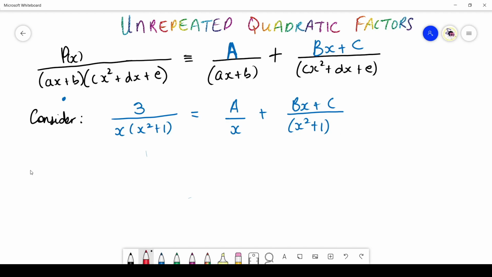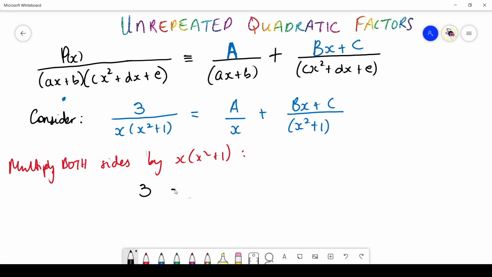And remember step 1, you want to multiply both sides by your common denominator present on the left hand side. So multiplying both sides by x squared plus 1. Let's see what we're going to get here. On the left hand side, you will be left with that 3 as always. That's the intention.